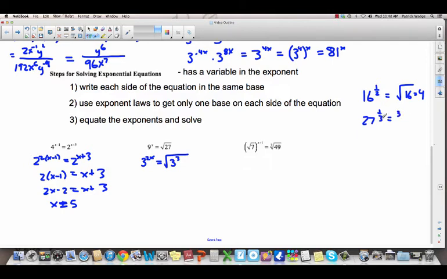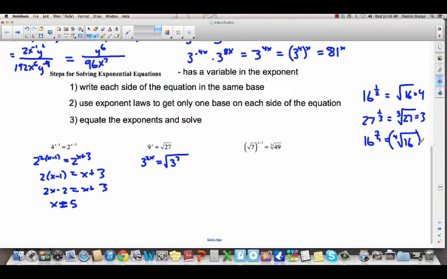Remember, it's underground, so it becomes the root. The cube root of 27, which is 3. And one more. How about 16 to the 3/4? Okay, the number on the bottom is the root. That comes out front, so you get a 4. Base is in there. And this 3, you can put it either around the whole thing, or you could put it right with the 16.